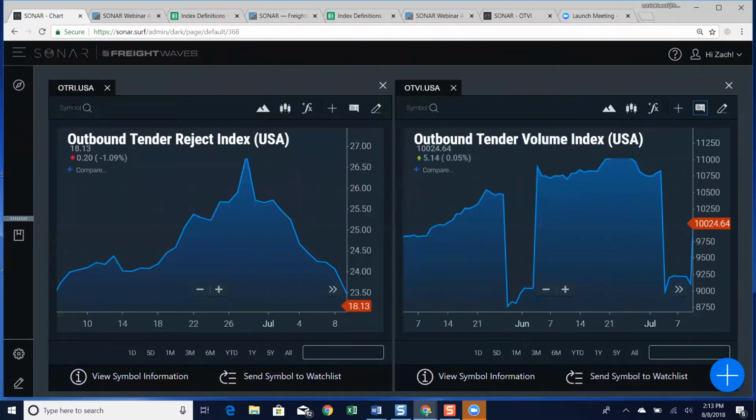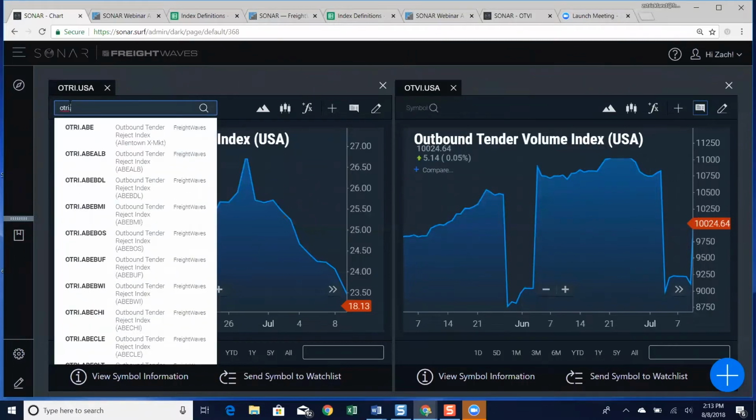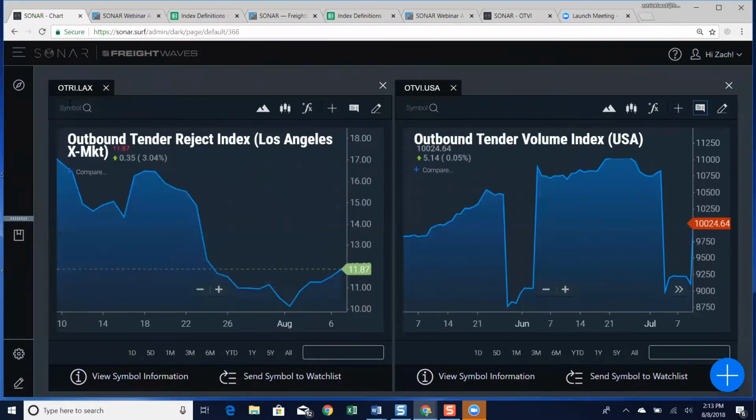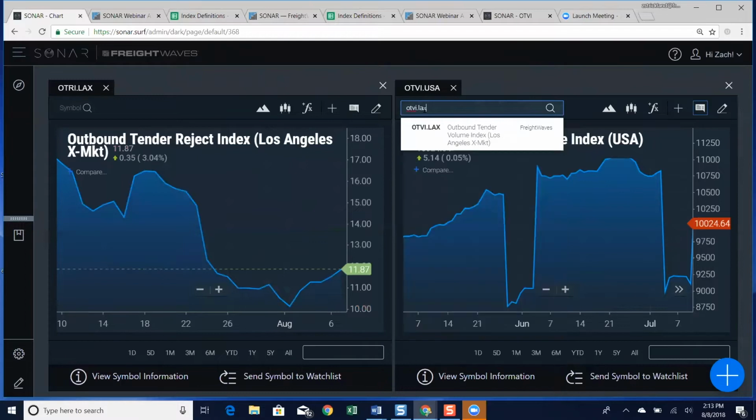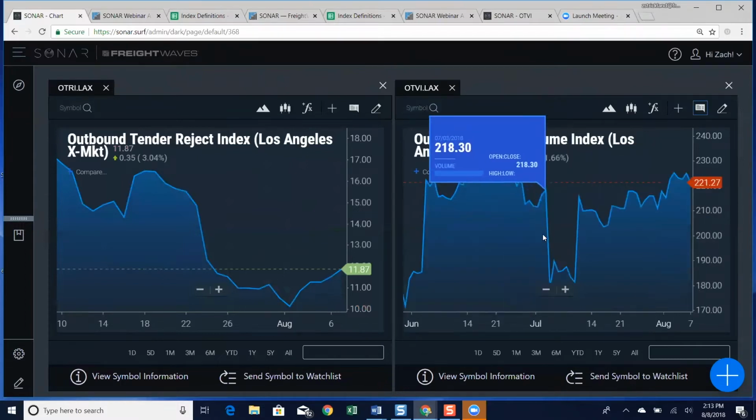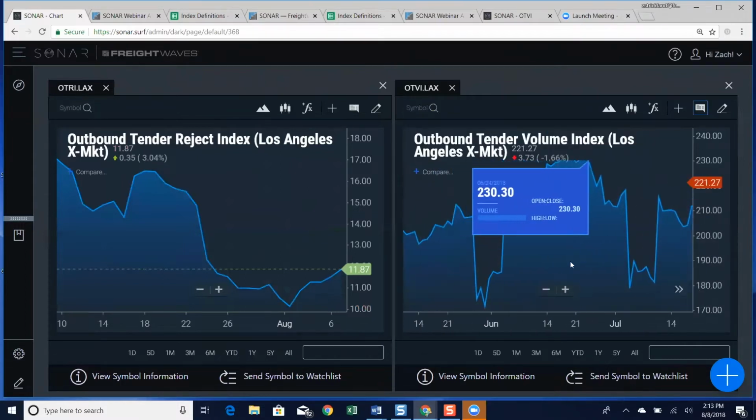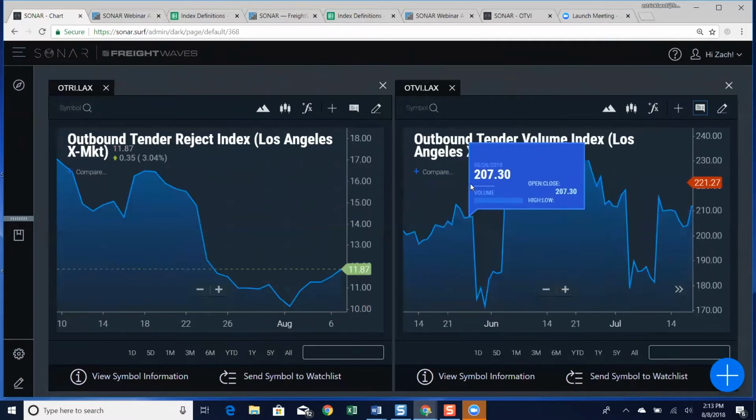And speaking of regions across the country, I'm going to break this down further by showing you the tender rejection index in LA and the outbound tender volume index in LA. Los Angeles is one of our favorite markets to cover because the LA market tends to have a large impact on the rest of the country. A lot of freight movement originates on the West Coast.